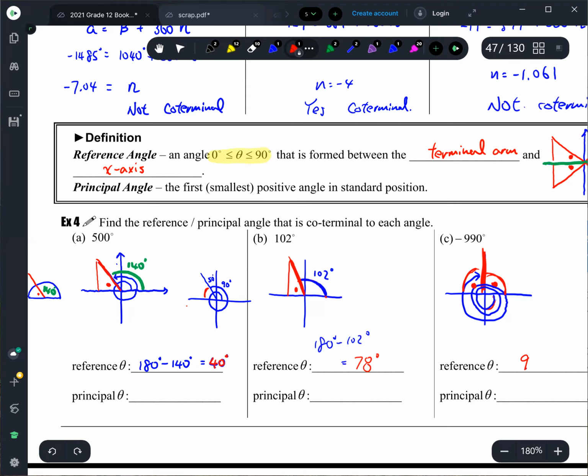When it's right in the middle, your reference angle is just 90 degrees. Remember, for reference angle, we don't care about positive or negative. It's always positive, okay? It's just the size of it that we care about. We don't care about the direction that it turns, even though you have a negative degree for the question, but for your reference angle, you just care about the size.